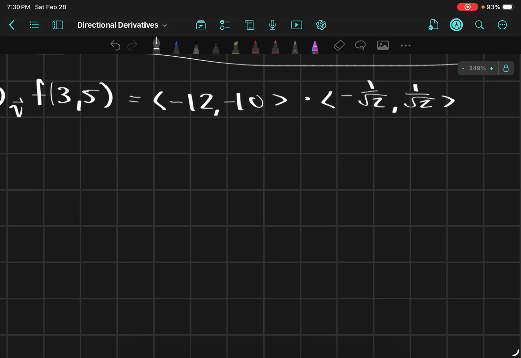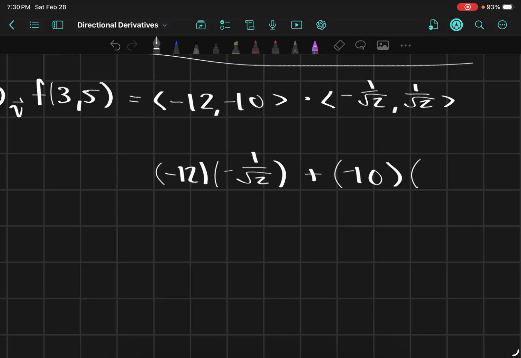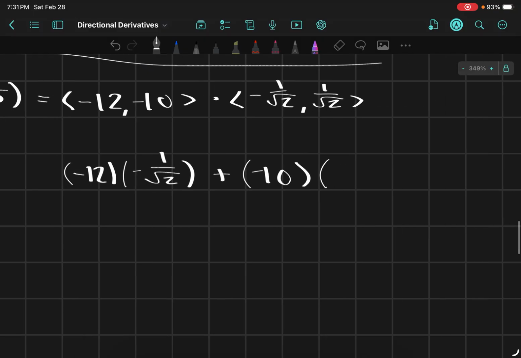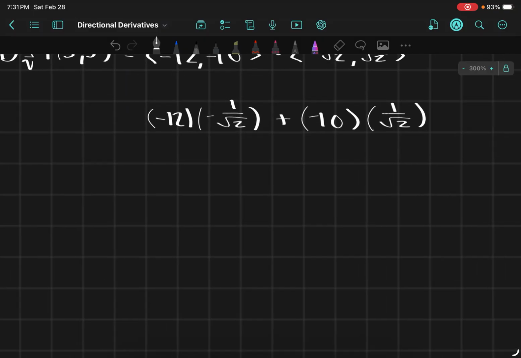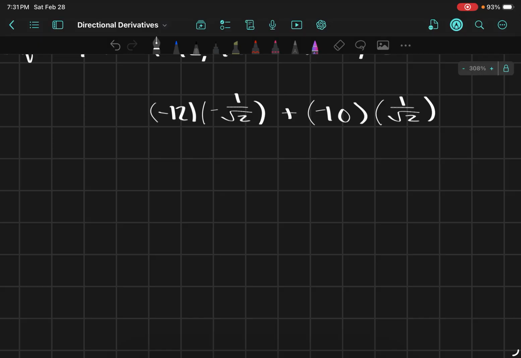Same thing over here. We're going to take the dot product. So we are going to have negative 12 times negative 1 over square root of 2 plus negative 10 times 1 over the square root of 2. This is just going to be, negatives cancel out. That's going to be 12 over the square root of 2 plus, no negatives cancel out, so this is going to be negative.